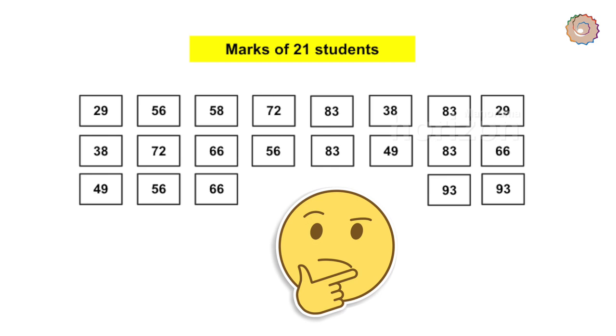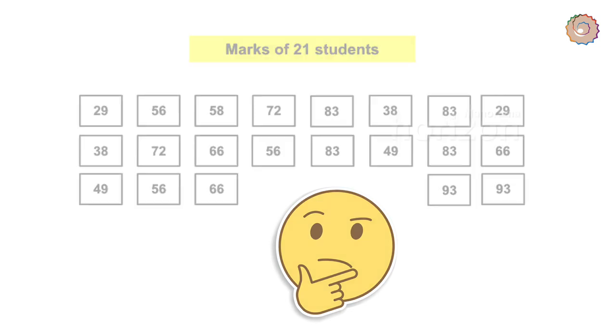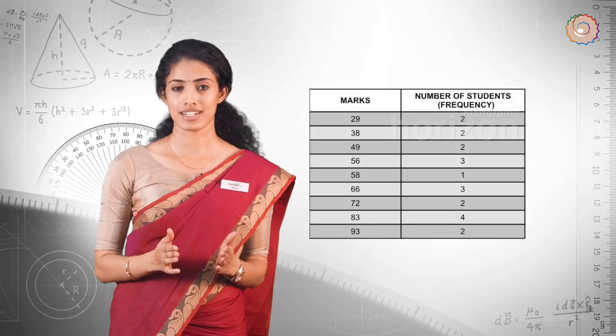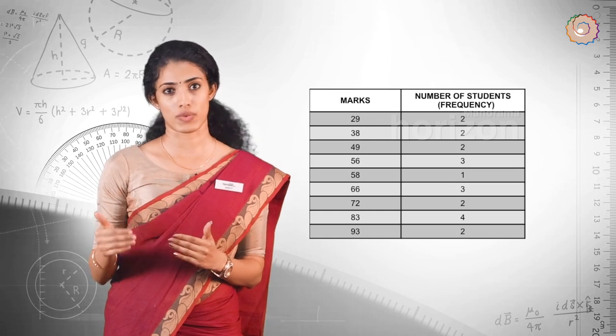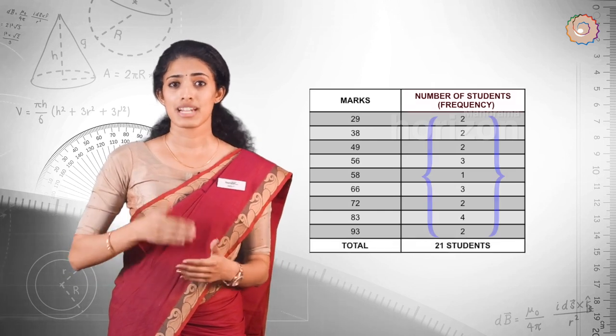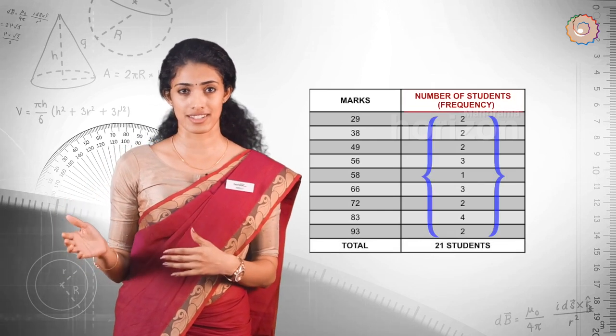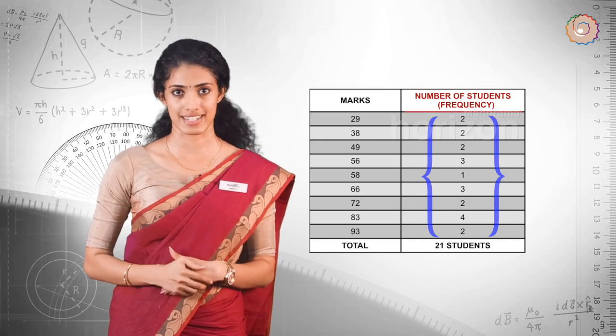Arranging a large amount of data is a tedious and time-consuming task. So what we do here is count the number of observations that occurred and group them accordingly. From the data, we notice that 29 has occurred twice, 38 twice, and so on. The number of times the observations occurred is called the frequency of the data.